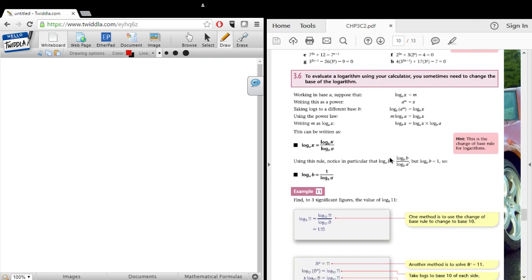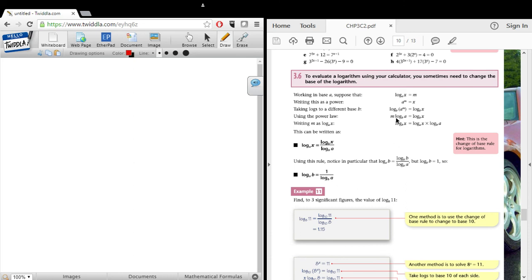3.6. To evaluate a logarithm using your calculator, you sometimes need to change the base of the logarithm. So you've got here the log formula. This is what it looks like taken to the power, and then you've got here what it might look like when you replace x with a to the power of m.